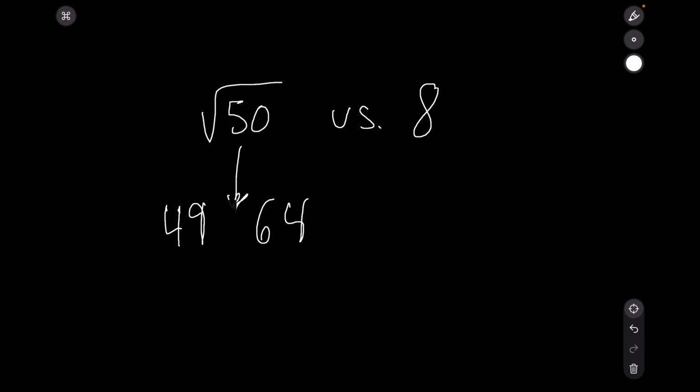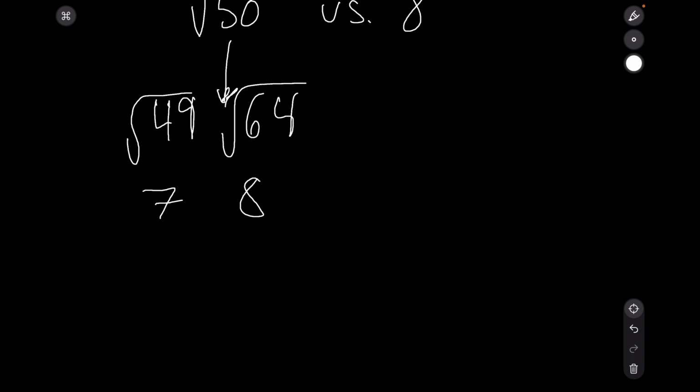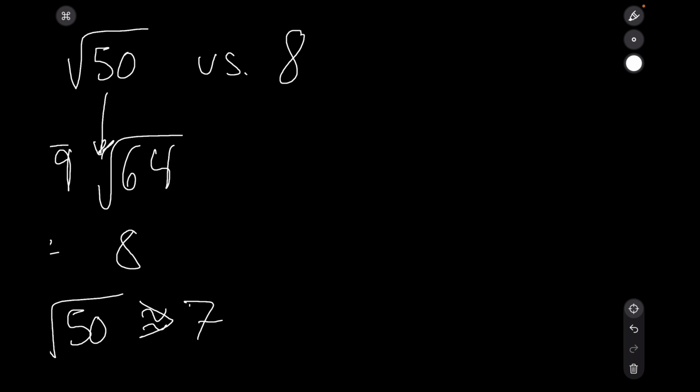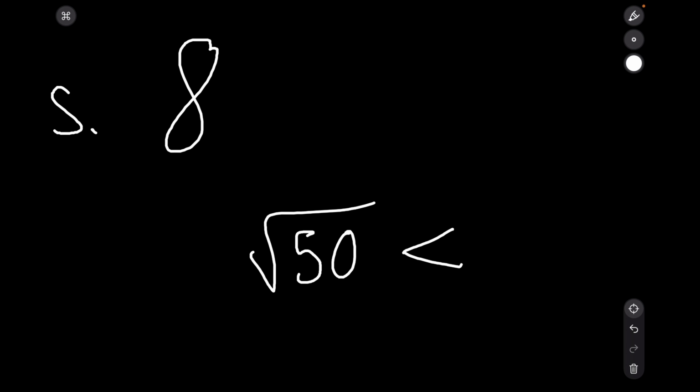The square root of 49 is 7. The square root of 64 is 8. So 50 is just a little bit bigger than 49. The square root of 50 is a little bit bigger than 7. So that means that the square root of 50 is less than 8.